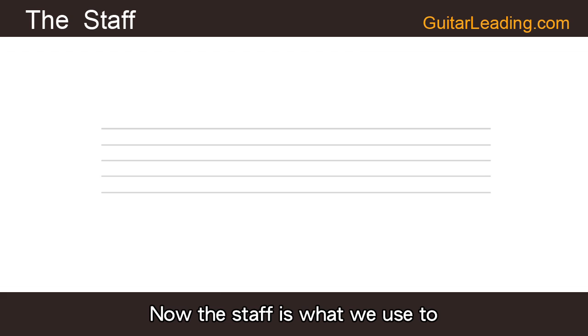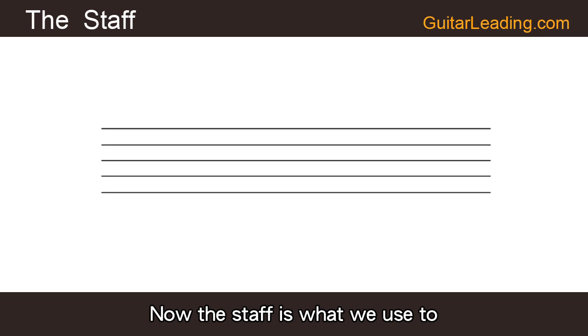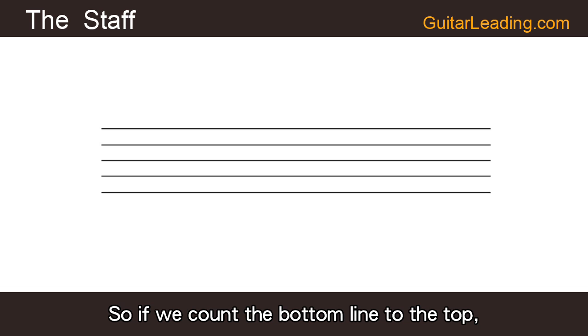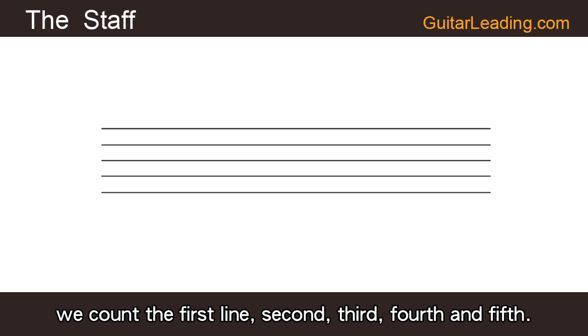Now we'll talk about the staff. The staff is what we use to write notation as written music. If we count from the bottom line to the top, we count the first line, second, third, fourth, and fifth.